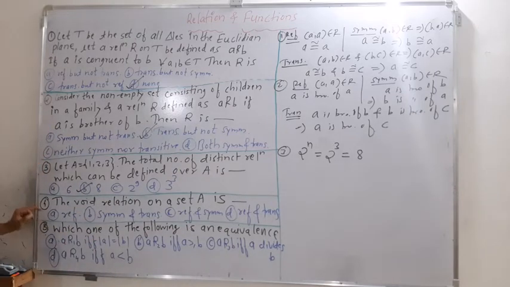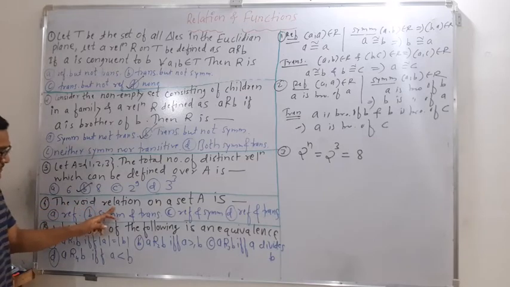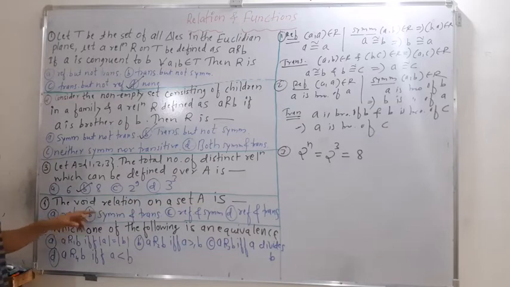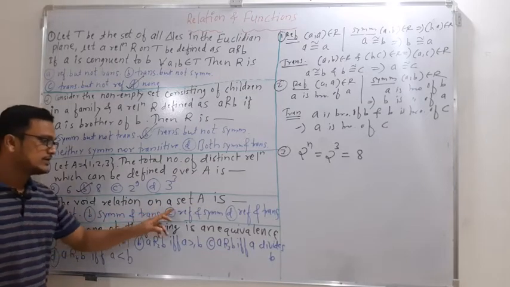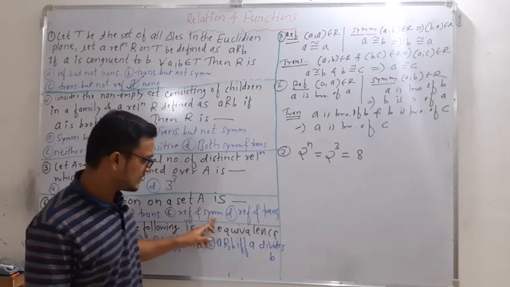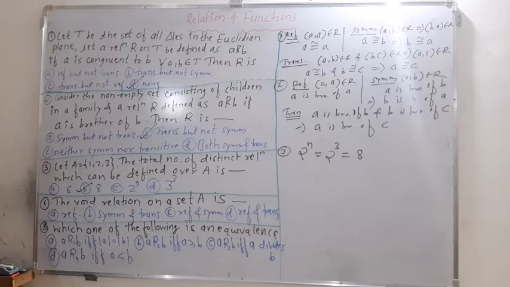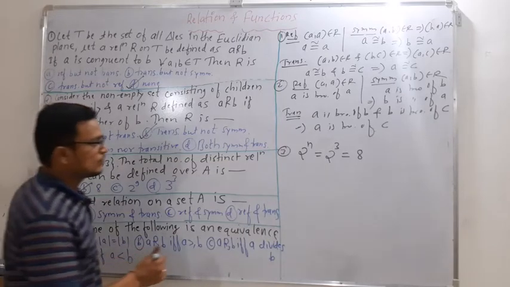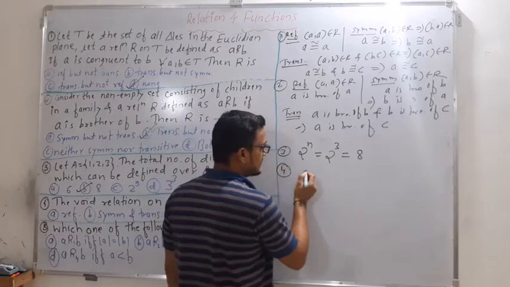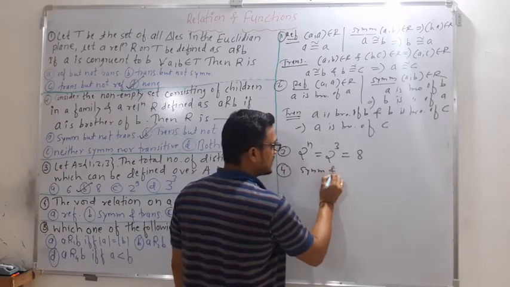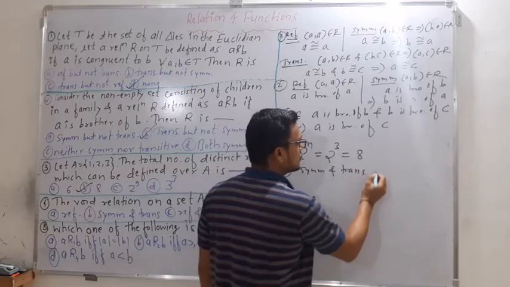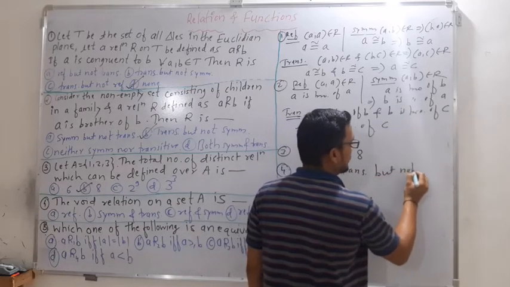Okay, next question. The void relation on the set A is, options are: reflexive, symmetric and transitive; option C, reflexive and symmetric; and option D, reflexive and transitive. So one thing you keep in mind, the void relation is always symmetric and transitive but not reflexive.